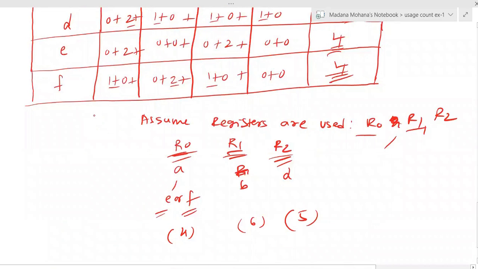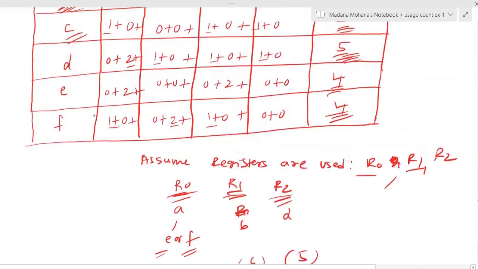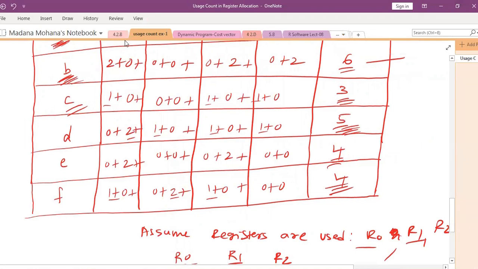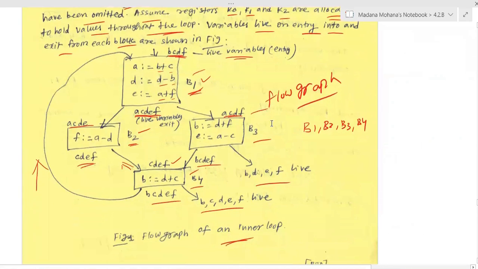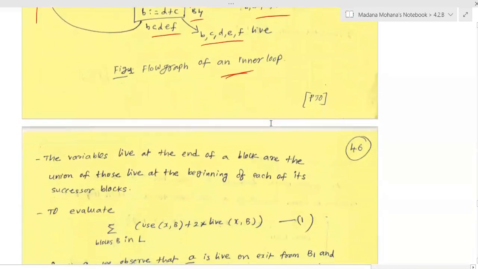But our priority is first the most frequent identifiers based on the usage count. Those can be stored in the assumed registers, whatever registers we assumed, R0, R1, R2. So later those can be stored in R3. So that is the way of finding usage count for the flow graph of the inner loop.